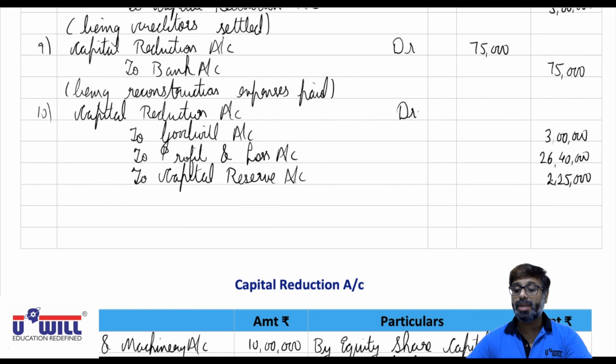Now the total is 31 lakh 65,000. Being goodwill and P&L account written off.